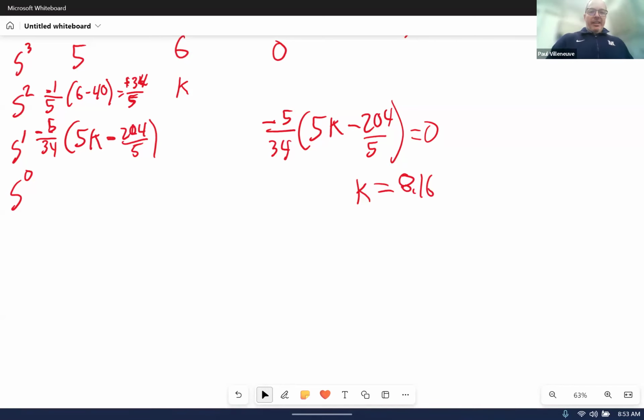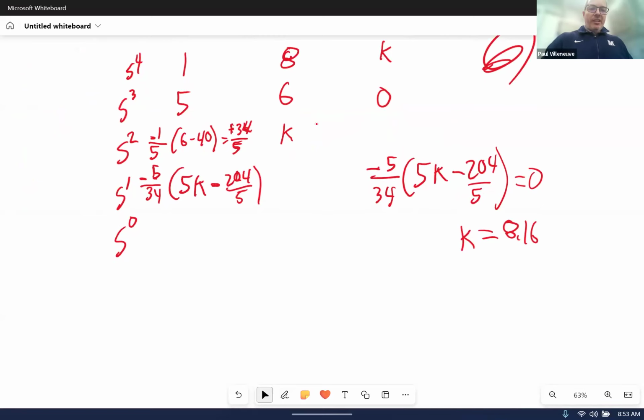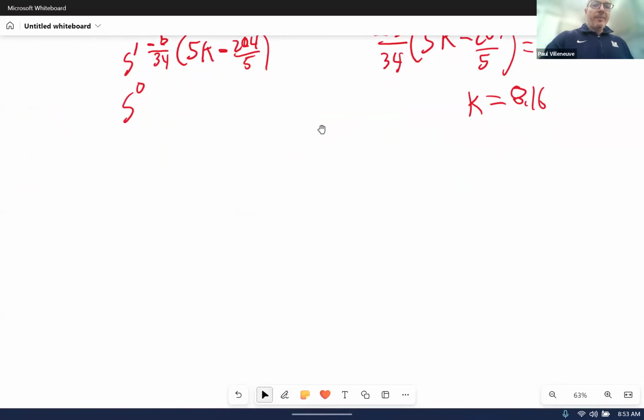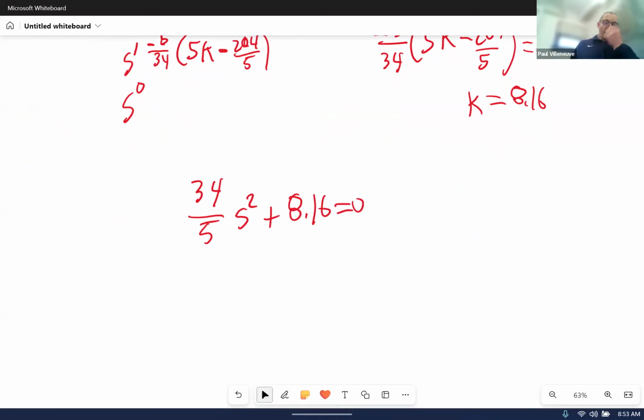And so when I plug K equals 8.16 into my auxiliary equation, 34 over 5 s squared plus 8.16, that's going to equal 0.